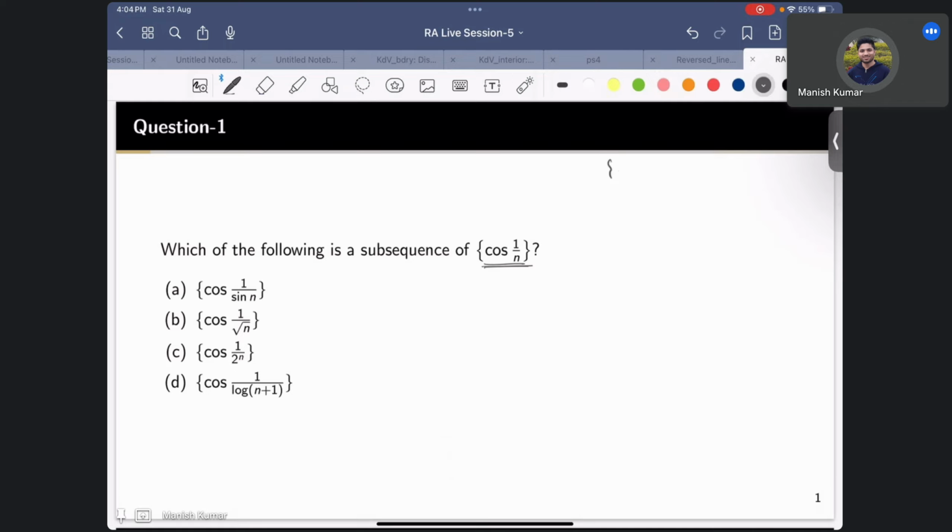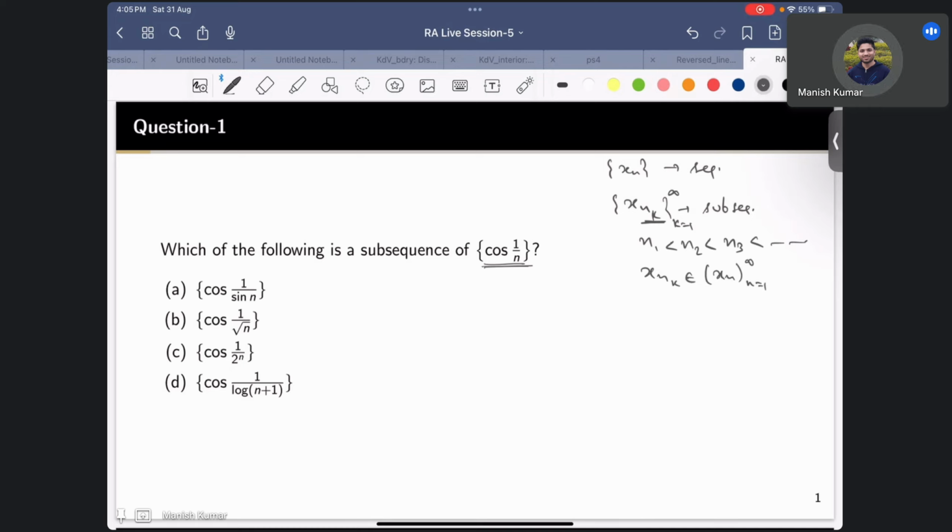Do you know the definition of subsequence? Suppose this is a sequence given to you. I hope you must be knowing, but I'm just telling you once again. Here k is varying from 1 to infinity, and n sub k is just the notation. This is a subsequence if n1 is less than n2 is less than n3, like you have this increasing order, and each x sub n_k should belong to the sequence x_n, n from 1 to infinity.